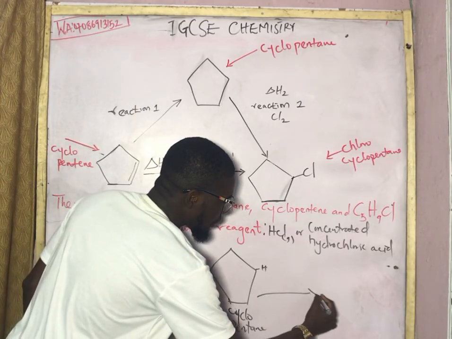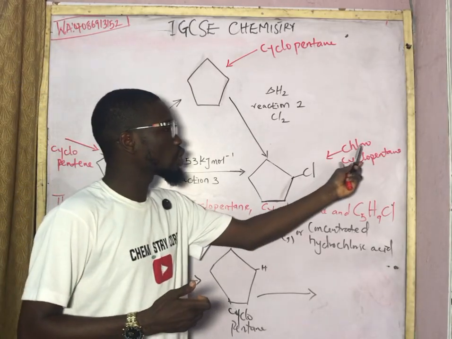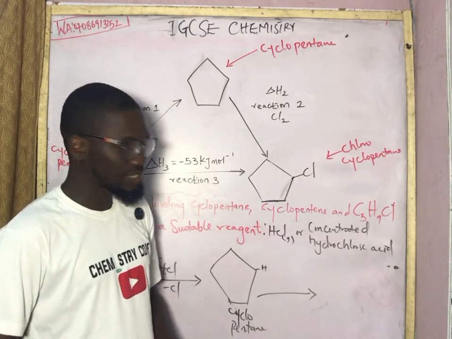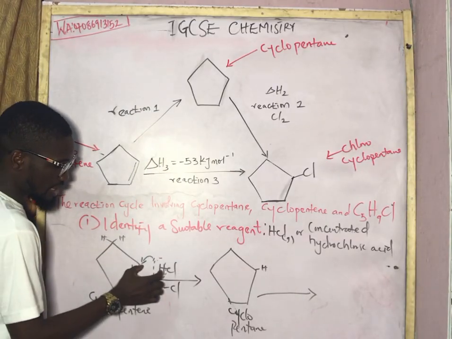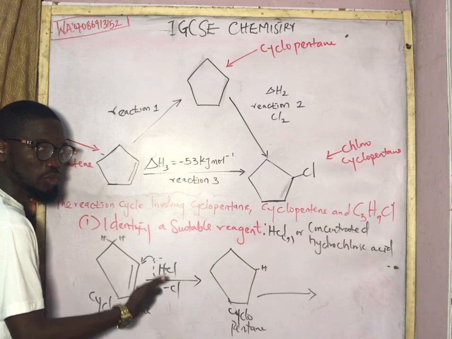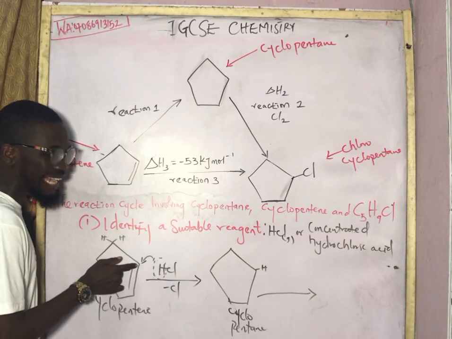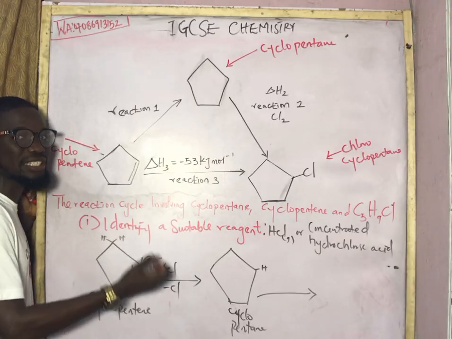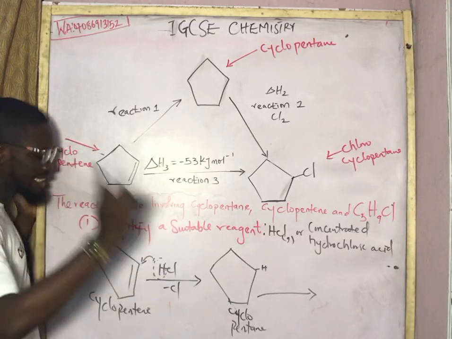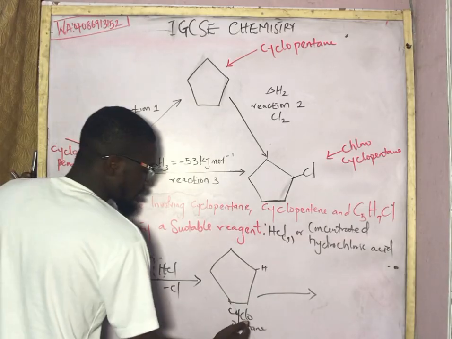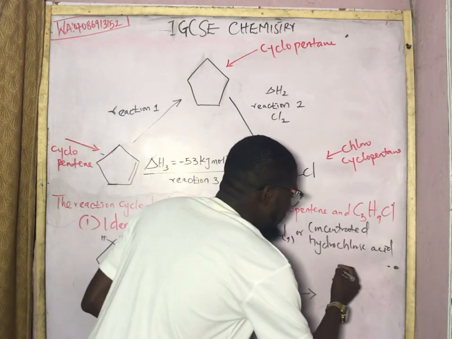Now, how do we go about the last one, which is chlorocyclopentane? Mind you, from cyclopentene, the HCl, which is the reagent, adds a hydrogen atom to this double bond to break that double bond to a single covalent bond, that is to change the cyclopentene to what? Cyclopentane. Now, the last one, I have this.